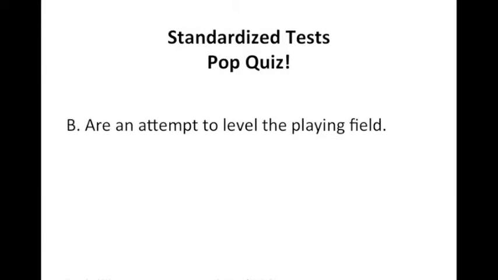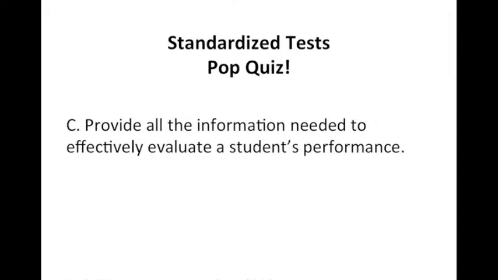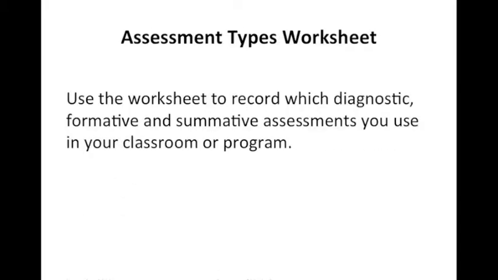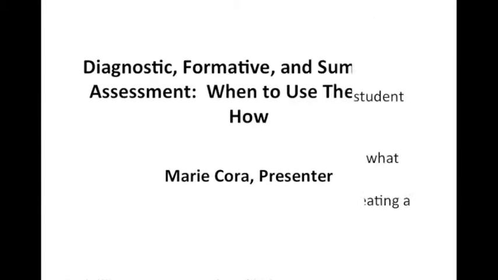Okay, so B, an attempt to level the playing field. Maybe that was a little tricky on my part, but in fact, this is the correct answer. And I'll go back in one sec. Provide all the information needed to effectively evaluate a student's performance. Well, remember in the beginning of the slides, in fact, I'll just go right back. Where is it?